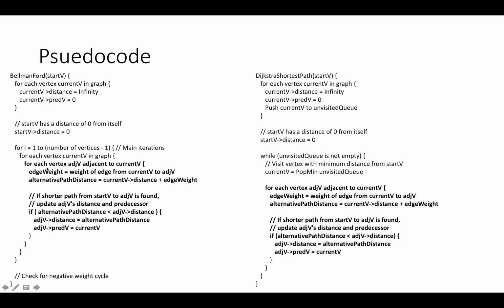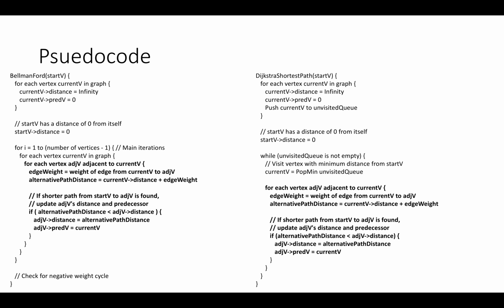Now, I had mentioned that this is only a good chunk of the pseudocode. There is actually a secondary part that we'll talk about in just a minute after we walk through the algorithm. Bellman Ford is effectively going to have two parts to it. We have the first part, which enumerates all of the lowest cost edges and accounts for all the negative weights that may or may not be in the graph.